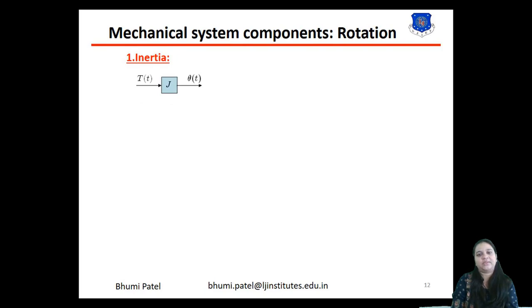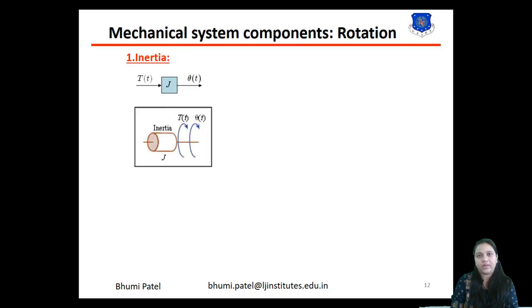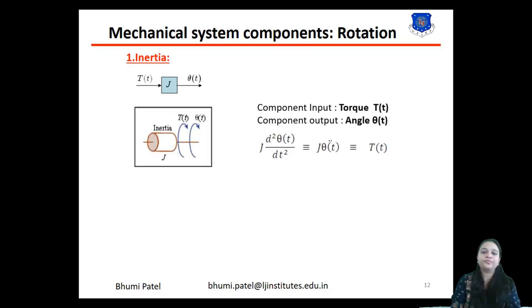Here T of t is our input, T means torque, and theta of t is our output, J is our inertia. So the equation will become J d square theta of t upon dt square is equal to J theta double dot of t is equal to T, where the input is the torque T of t and the output is angle theta of t.